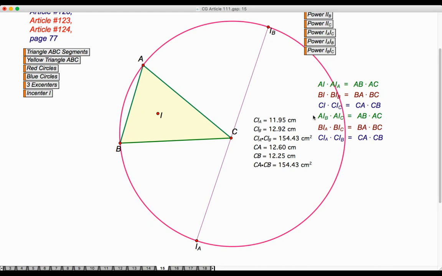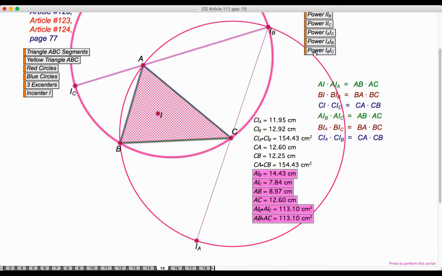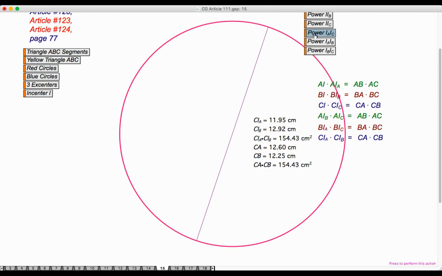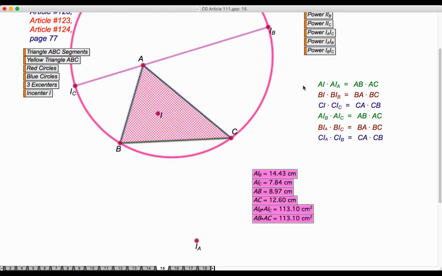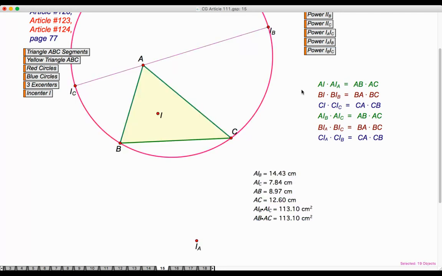Now let's consider the last one, the power of point A. This one. So this is now AB times AC.